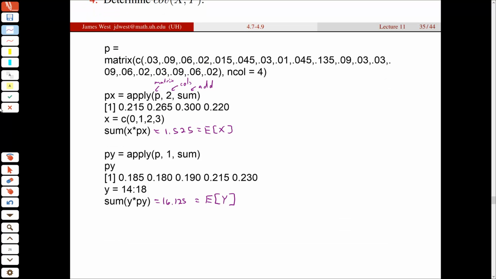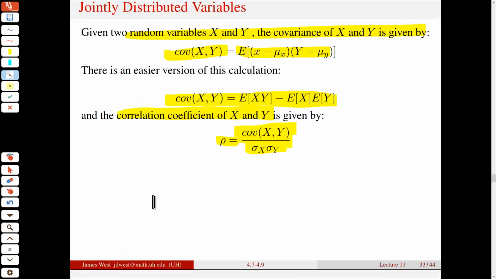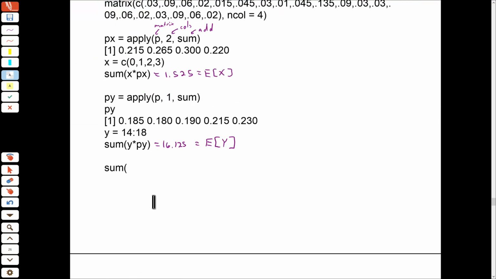Using matrices, I can then do a slightly shorter way of doing this. So let's see. I said before that I want to do each row value.